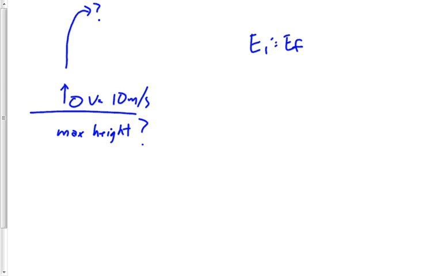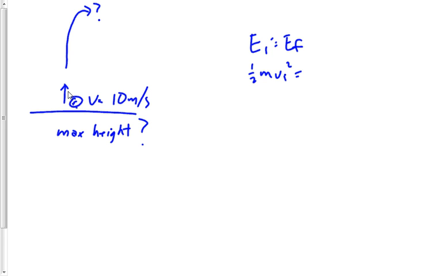Kinetic. It's moving, right? It doesn't have potential energy when it's on the ground. We don't say it has potential because it's going somewhere. We say it has potential because it's got a height. There's no height here. There's just kinetic energy because it's moving.